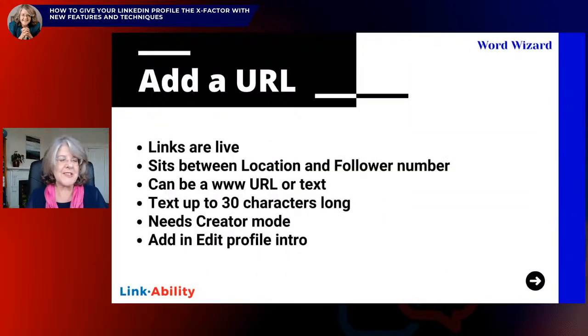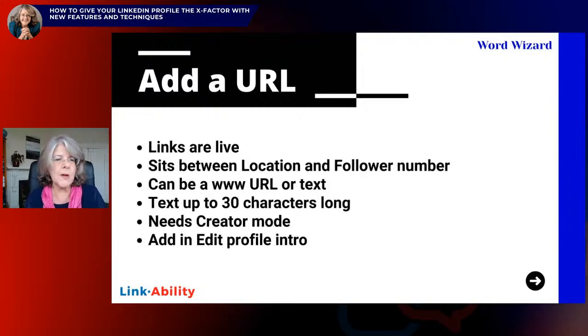Something that's just arrived in the last few weeks, you may not yet have this, is adding a URL, a live one at that, to the introduction section of your profile. So I like this because it is live, and it means that people can just click on it and go directly to the link that you're sharing.